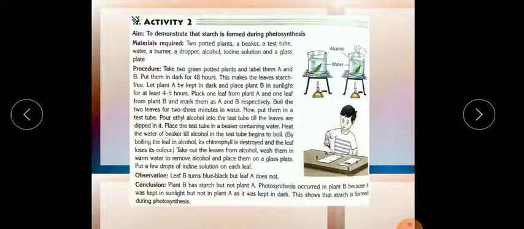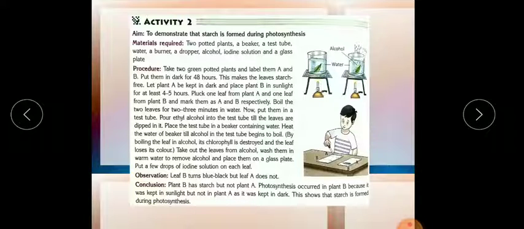Before doing the photosynthesis process or starch test, we should de-starch. De-starch means we remove the starch by keeping the plant for 48 hours in a dark place or dark room.